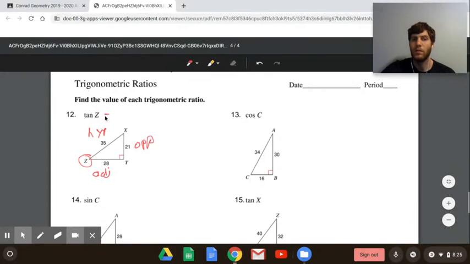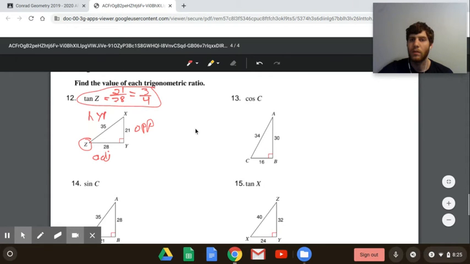Opposite is 21. Adjacent is 28. 21 over 28. You can leave it like that, or you can reduce it. If you divide the numerator and the denominator by 7, you're going to get 3 over 4. Okay, either one of those answers is fine.